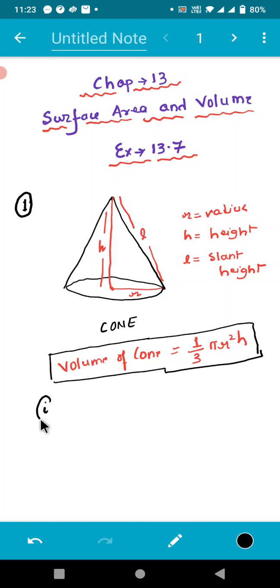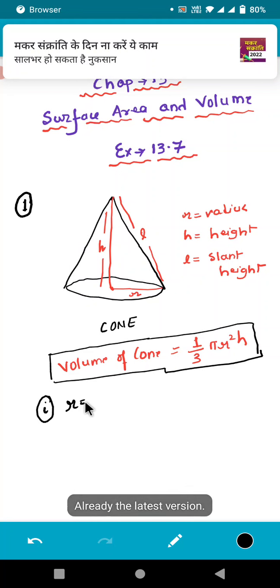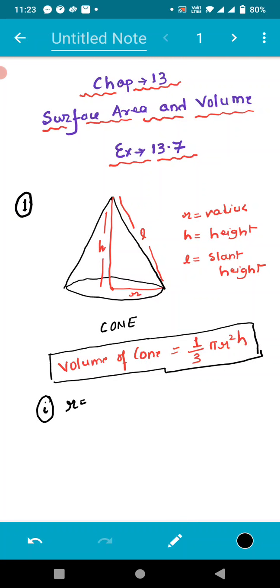According to sum number 1, the radius is given as 6 centimeter, and the height is given as 7 centimeter.